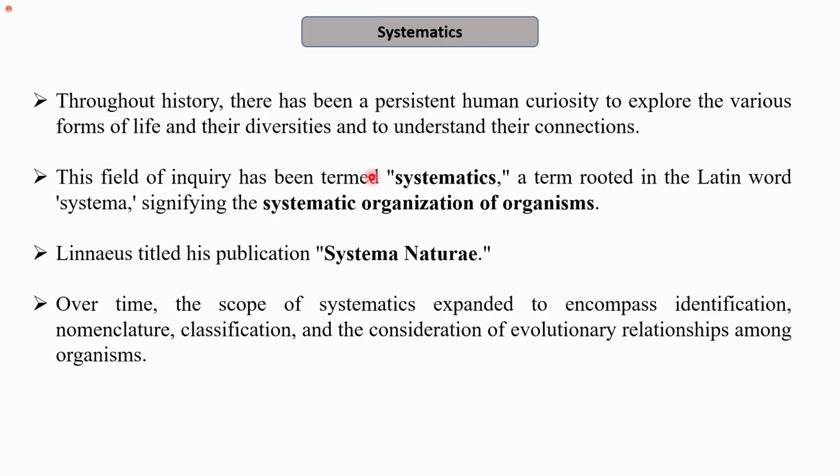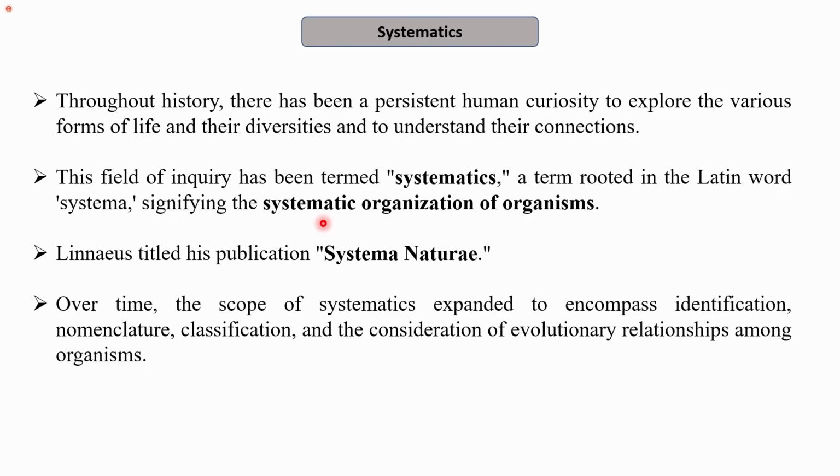Systematics is a Latin word derived from the word systema, which signifies the systematic organization of organisms. So the name itself suggests that systematics means a systematic study of something. It involves the systematic organization of organisms based on their characteristics or considering the evolutionary relationship between different organisms.